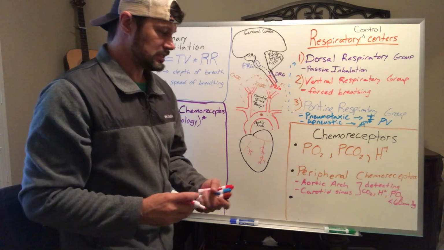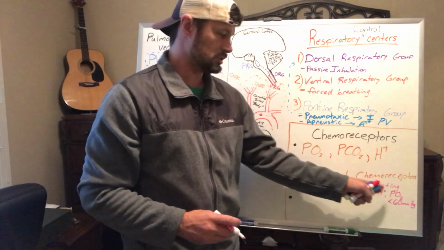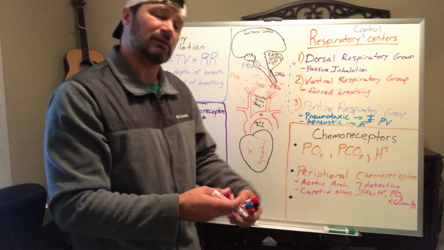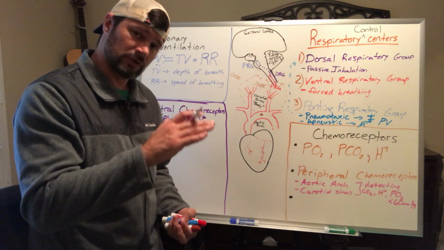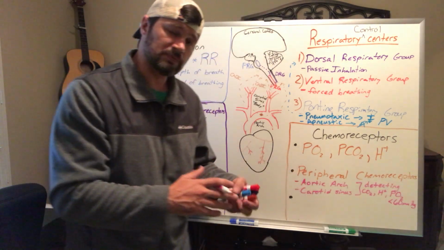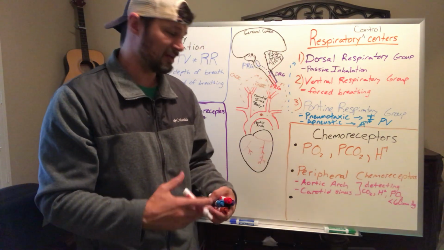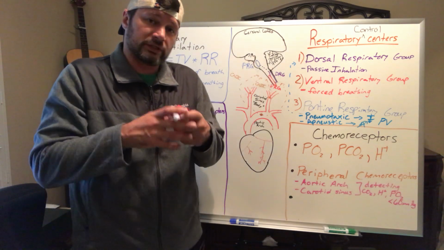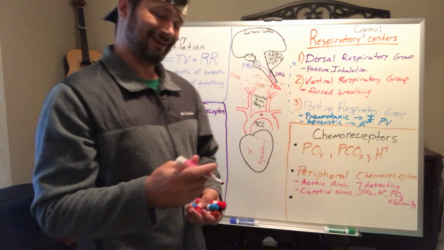Okay, so maybe you can see now that peripheral chemoreceptors are detecting hydrogens, carbon dioxide, and also kind of oxygen. They're not looking at small changes in oxygen. Your normal partial pressure of oxygen in your blood should be 100 millimeters of mercury. And yet this thing only gets activated if it drops below 60 millimeters of mercury. So you must have a relatively large change in your partial pressure of oxygen before these kick in.